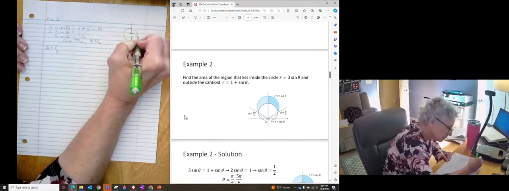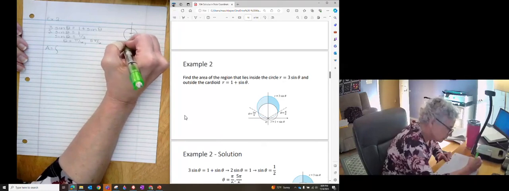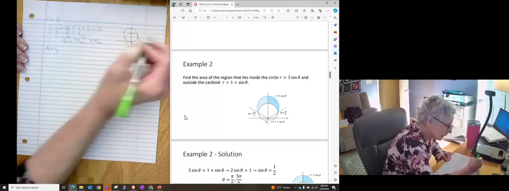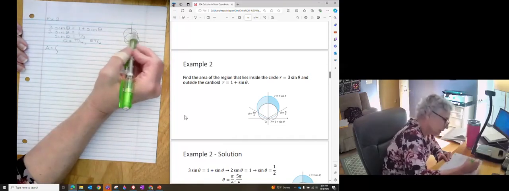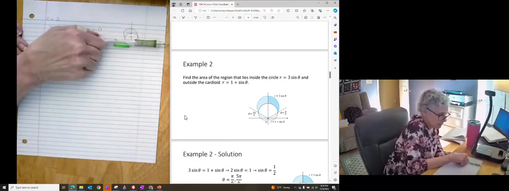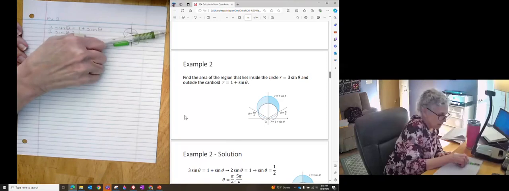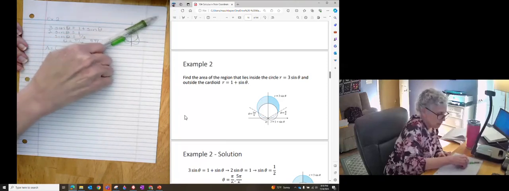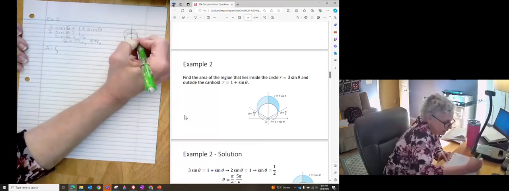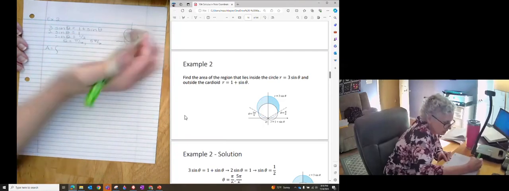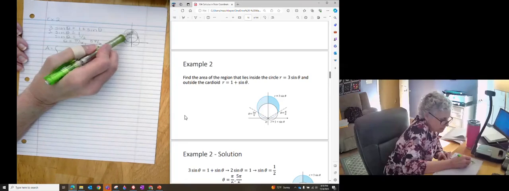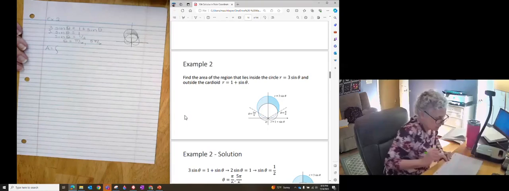So something like that, and we're looking for this piece. These graphs are drawn in a circle this way. So it's going to start here, and as it sweeps over, this will be on the outside, and then we'll subtract off this piece that's on the inside.